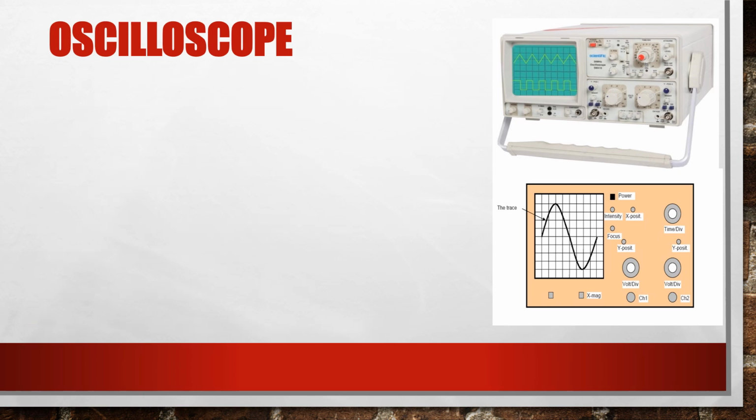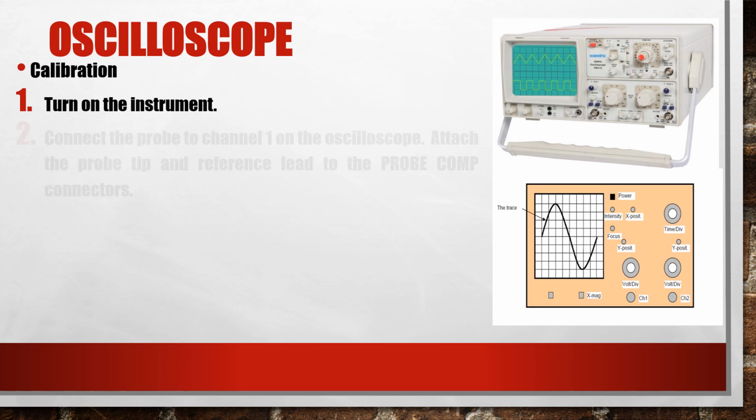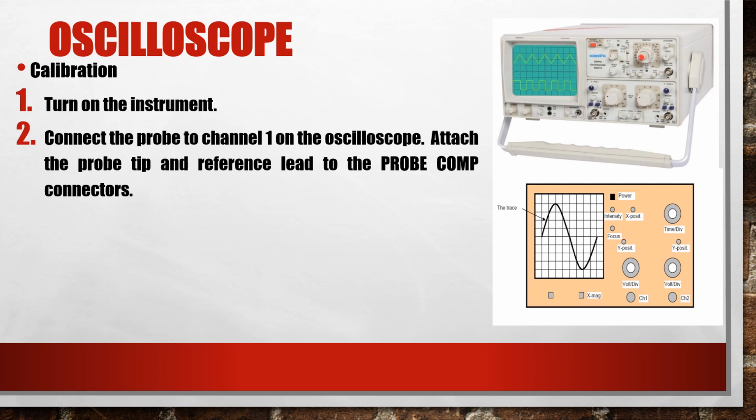Now, how are you going to calibrate an oscilloscope? You perform this quick functional check in order to verify whether your instrument is operating correctly or not. First, turn on the instrument. Wait until the display shows that all self-tests are passed. Then, connect the probe to channel 1 on the oscilloscope.